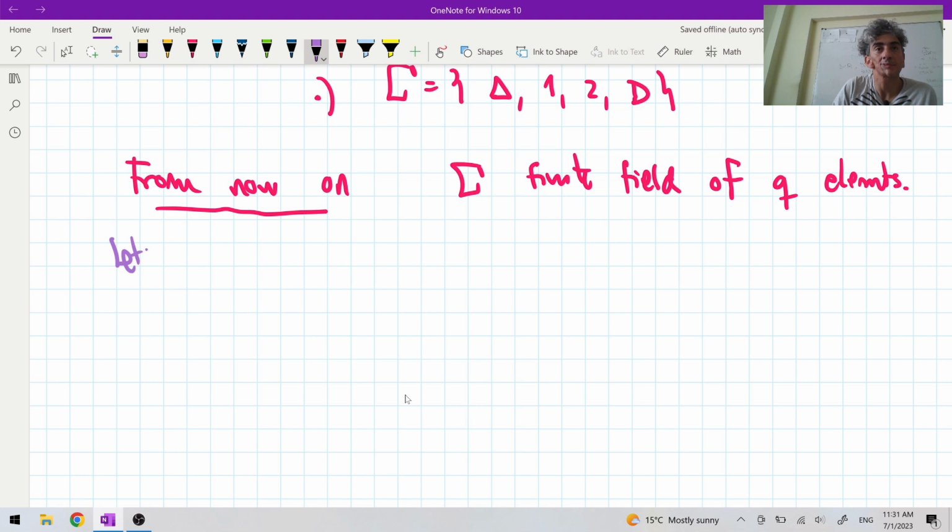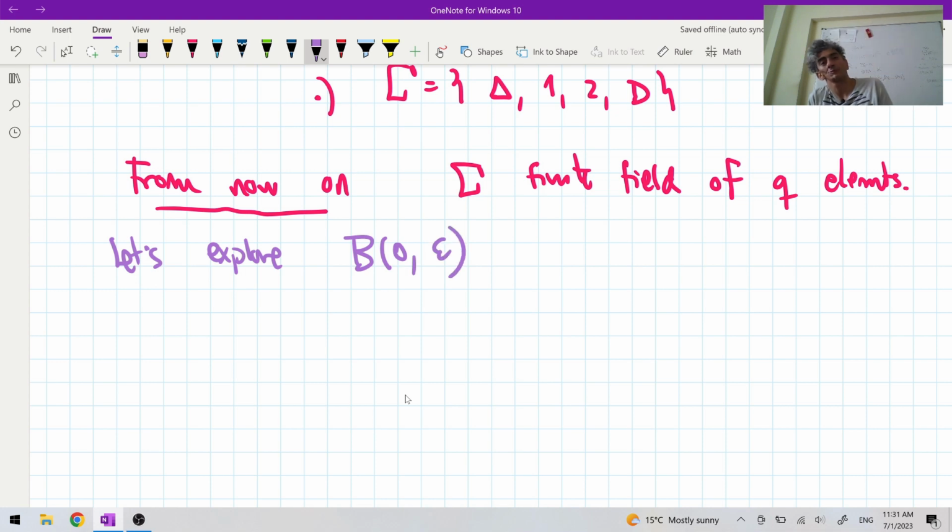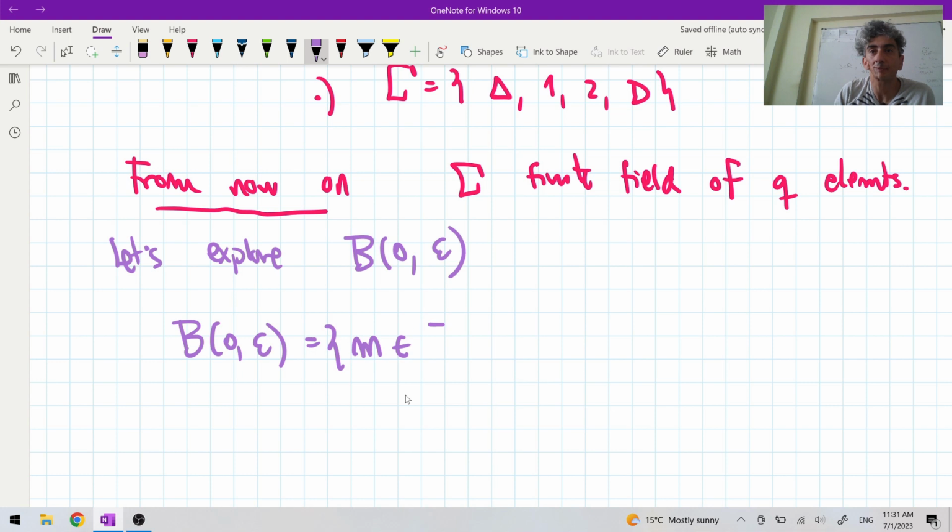Let's explore the ball centered at 0. The ball centered at 0 of radius epsilon consists of all the elements of sigma to the n such that its Hamming distance with 0 is less than epsilon.